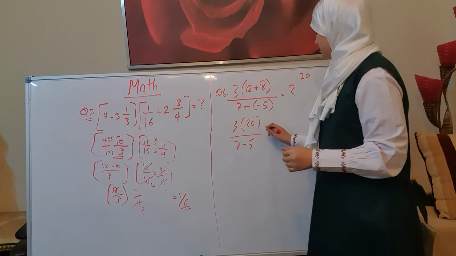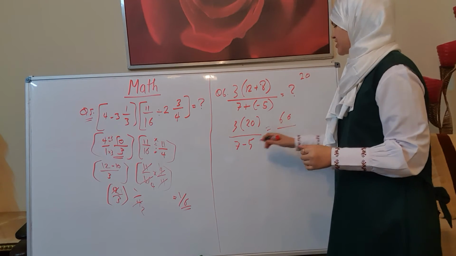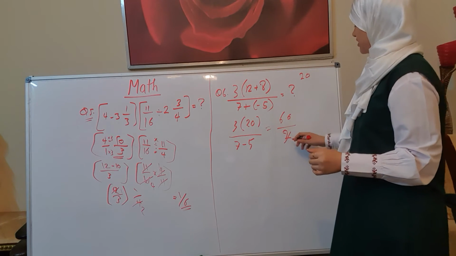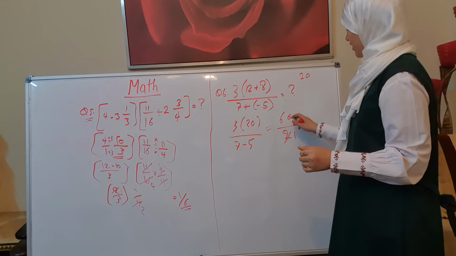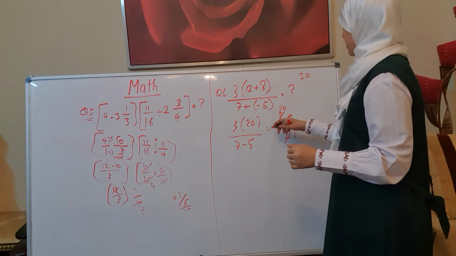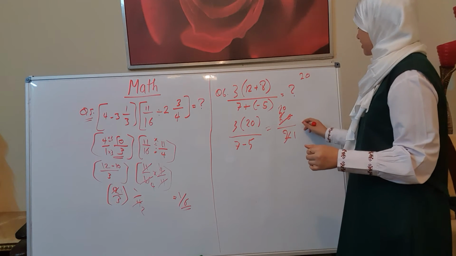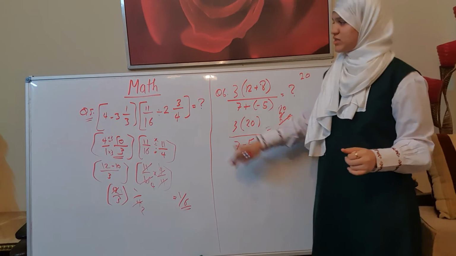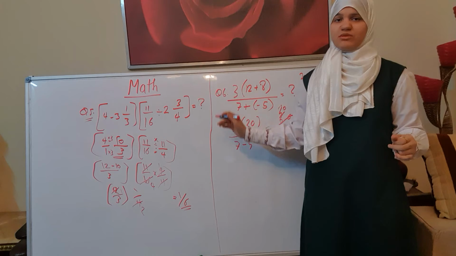Now 3 times 20 is 60 over 7 minus 5, which is 2. Dividing 60 by 2 gives 30. So the final answer is 30. That was the answer for question number 5 and question number 6.